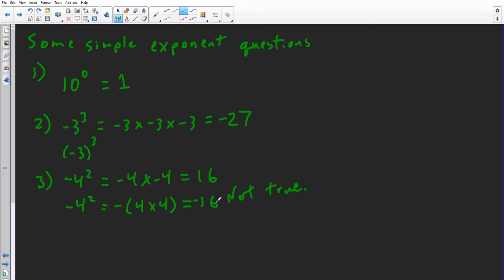Okay, not true. So you need to make sure that in your calculator you use brackets. So you'd go like this. You'd say bracket negative 4 bracket squared.